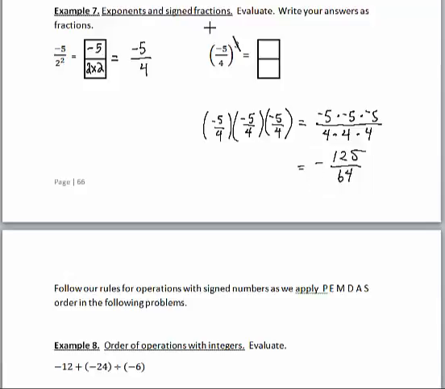Okay. And so what we could have said is that we have one negative inside the parentheses, and then with the exponent, that tells us how many of those negatives we have. 3 negatives multiplied times each other.